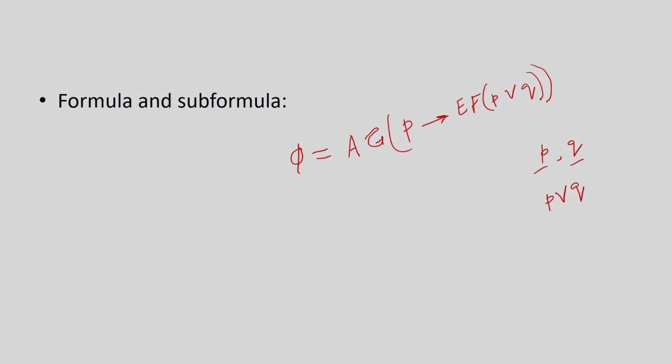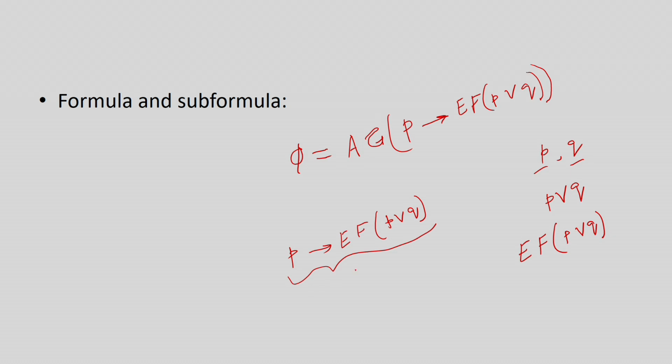Now if you know the set of states where P or Q is true, then we can look for the truth values of EF, P or Q. So once we know the set of states where EF, P or Q is true, then we can look for the set of states where AG, P implies EF, P or Q is true.